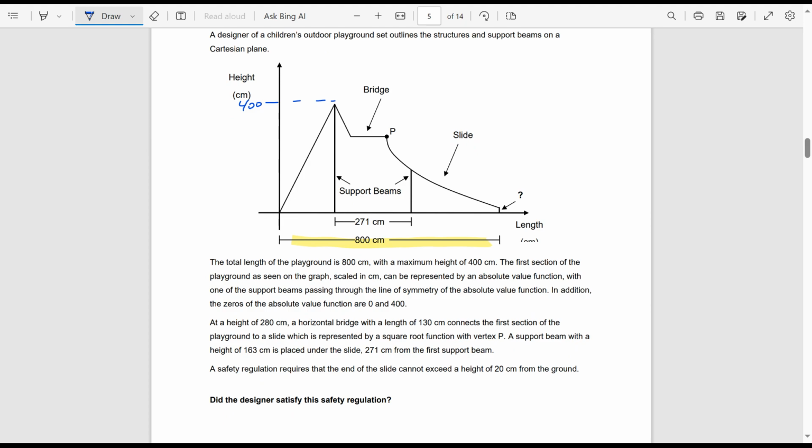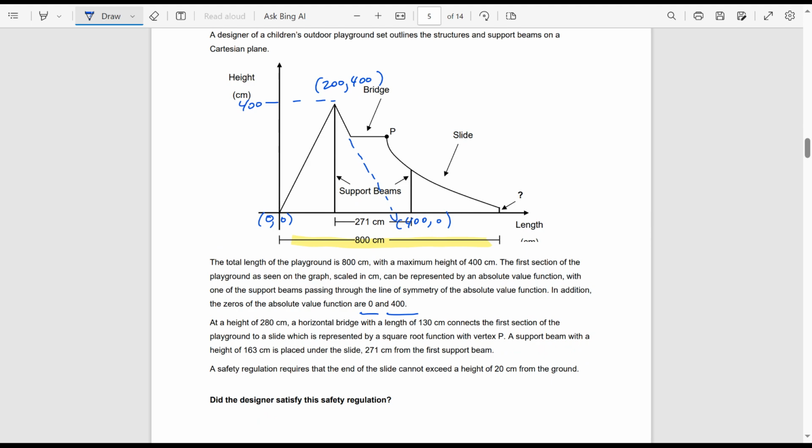If I continue on, it starts to mention that this absolute value function, where if it continued, has zeros of 0 and 400. So there's the first 0, origin, and there's the second 0, 400 and 0. Meaning, I now know that my h and k is 200 and 400. So I automatically have that.